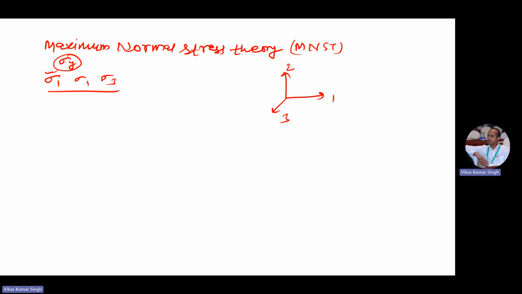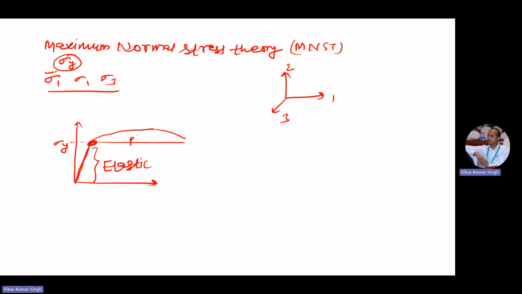fail in that direction. Yield means, suppose you have a stress-strain curve. Up to here is the elastic limit, and after that is the plastic limit. Suppose this is the yield point for a material. Before that, whatever deformation is happening is elastic deformation, and after this, the whole thing is plastic deformation.